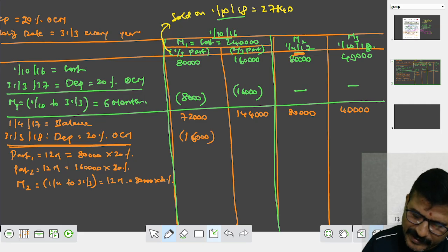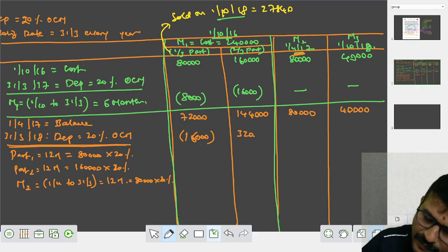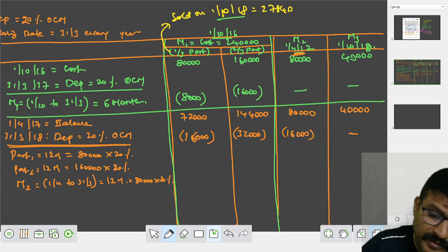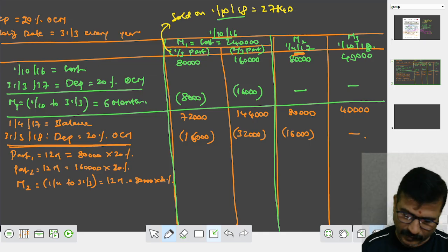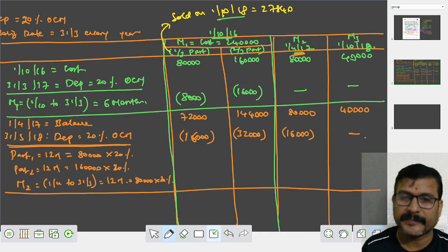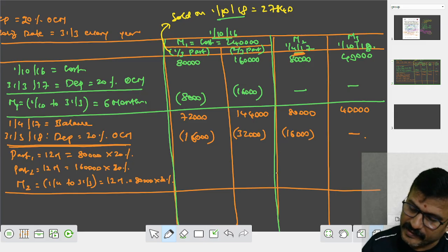80,000 20% means it comes to 16,000. Right? 1,60,000 20% means 32,000. 80,000 20% means 16,000. Put dash here. Now, what we have to write? We have to go for balance.